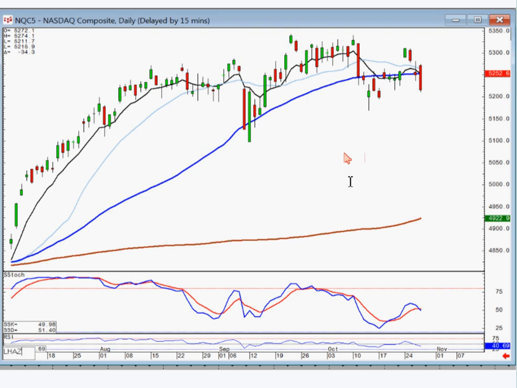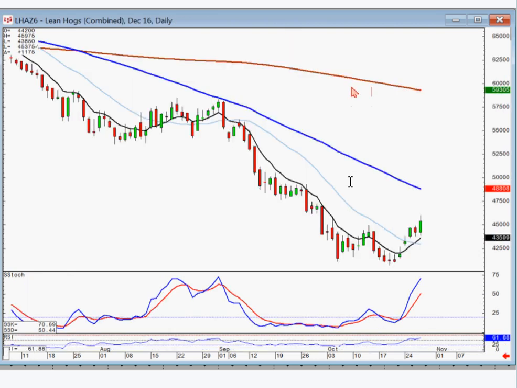Lean hogs. What was the question? What about the 5-minute? Let's see. I believe the hogs. Let's see. Open. Let's see. All right. I guess. All right. Let me do a few.